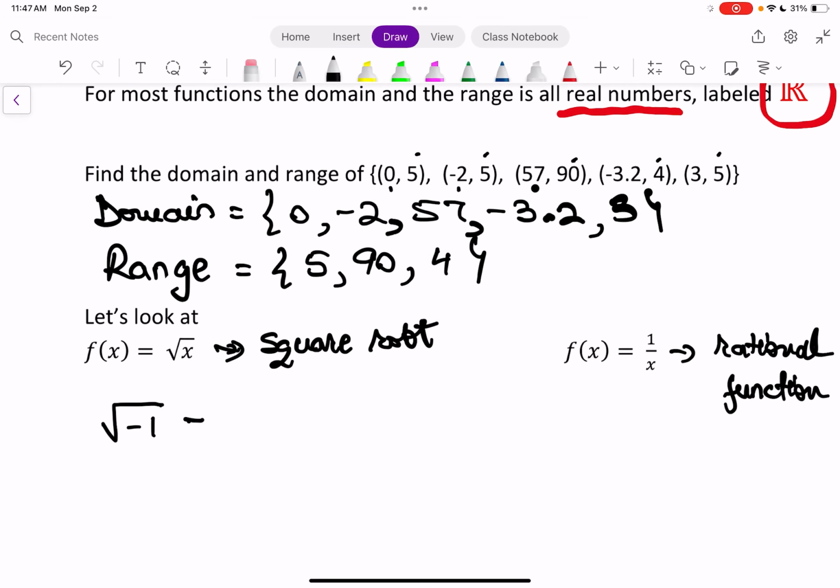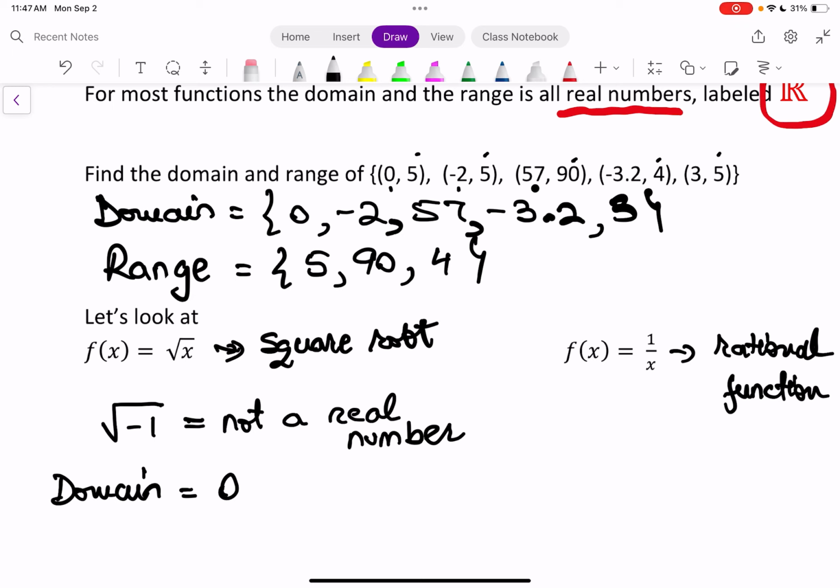In other words, the domain of this function is only positive real numbers, and that's too much to say.